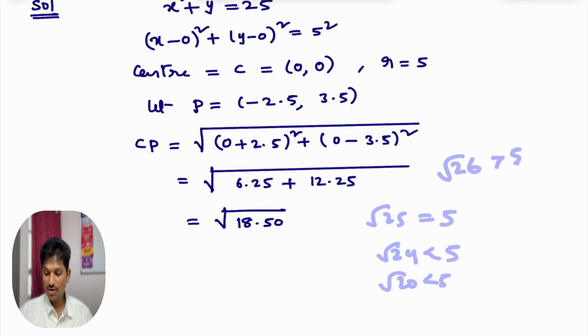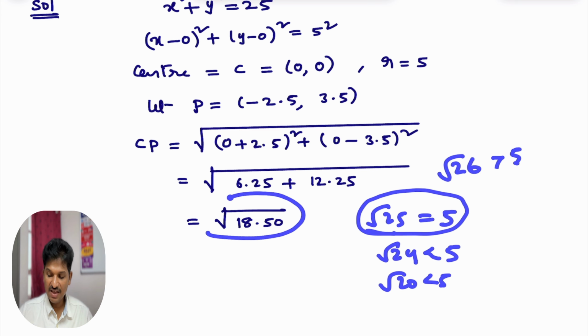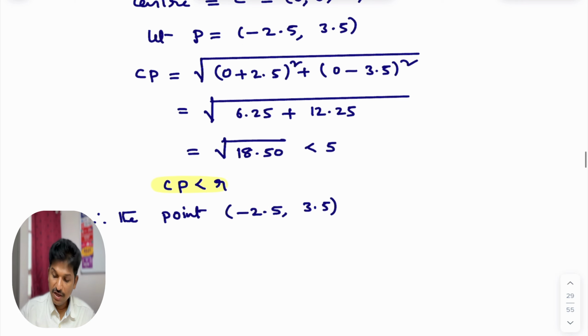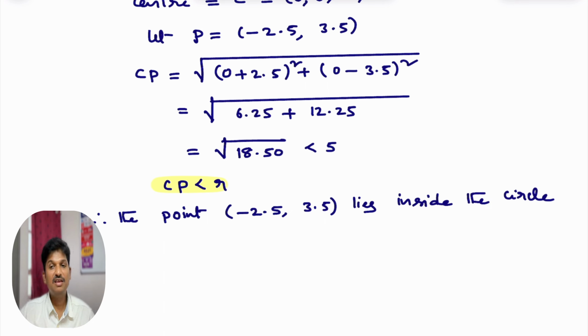So as root 25 is 5, we can easily say that this value is less than 5. That means CP is less than the radius. When CP is less than the radius, what do we say? Therefore, the point (minus 2.5, 3.5) lies inside the circle.